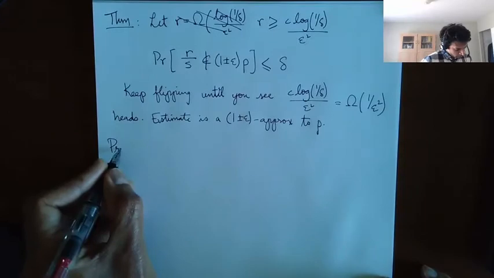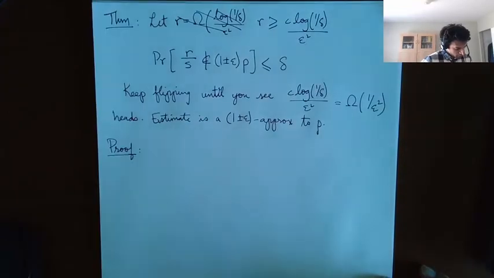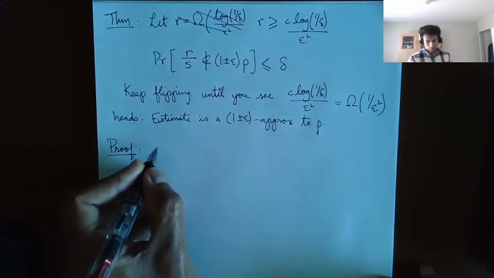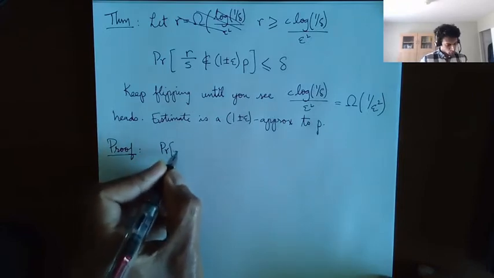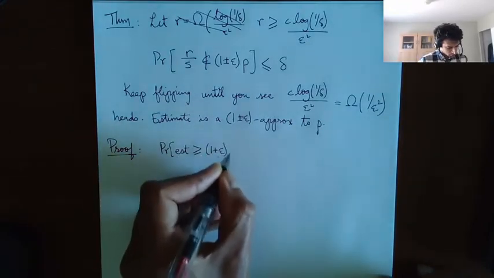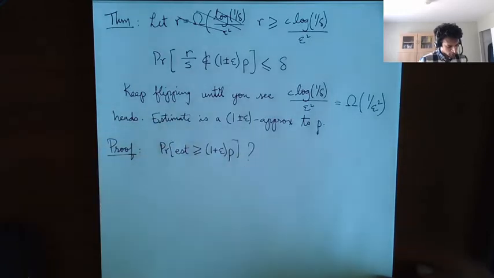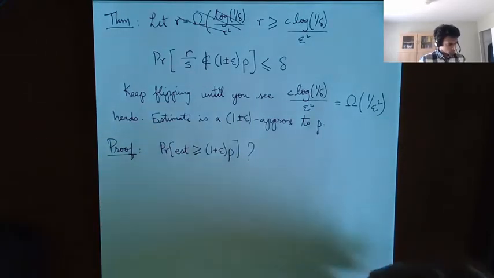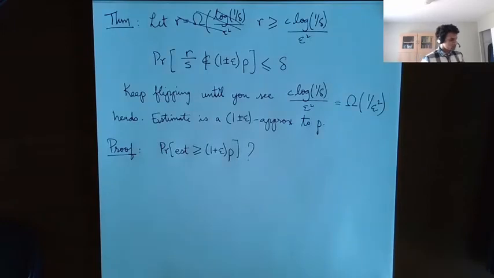I'm not going to do the entire proof over here. I'll just say, what is the probability that your estimate was more than 1 plus epsilon times p?